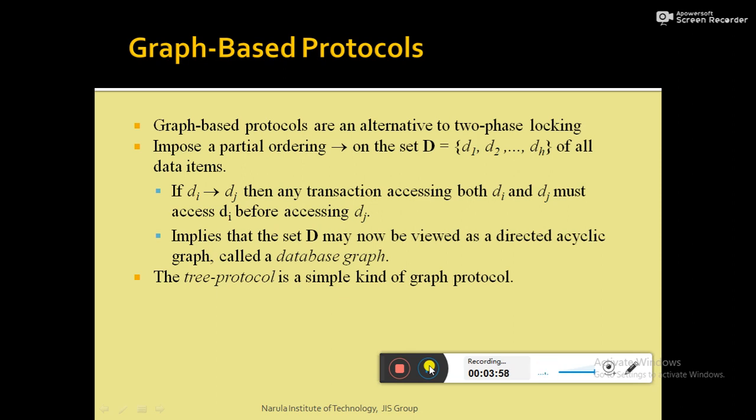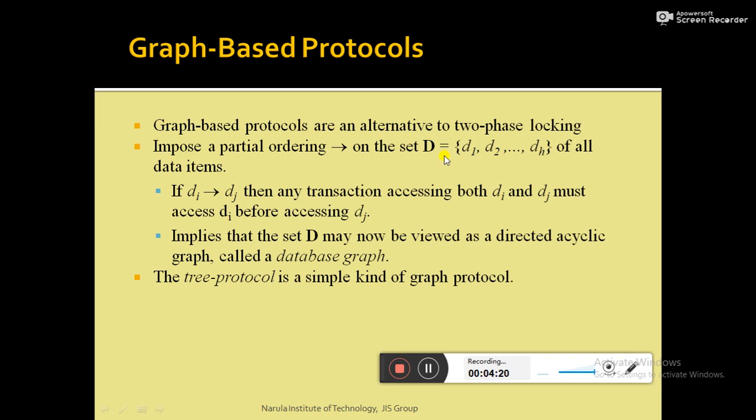So for the partial ordering, we need to maintain the set D. This is the set D, which is equal to {d1, d2, ..., dn}, and d1, d2 and so on are the data items that are going to be accessed by a particular transaction. So that set needs to be maintained by the database management system.